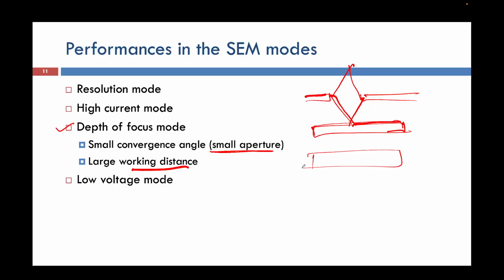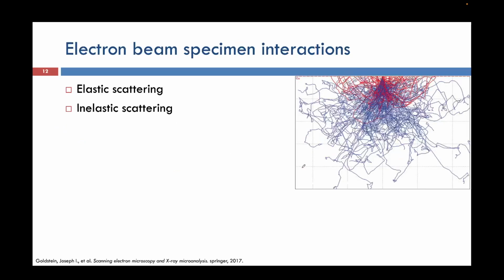In that case we will get more depth of focus, so that we will be able to map different features which are situated at a different height from the objective aperture. We will see that in the subsequent slide.